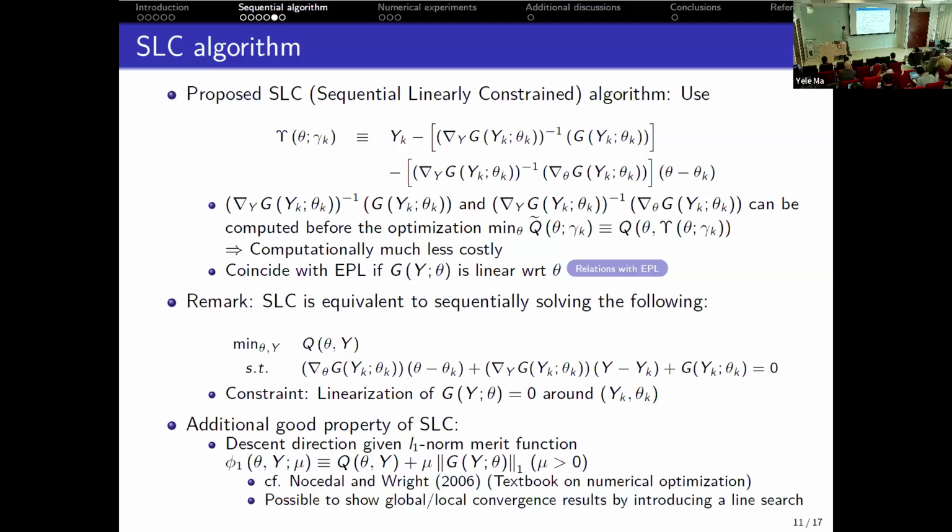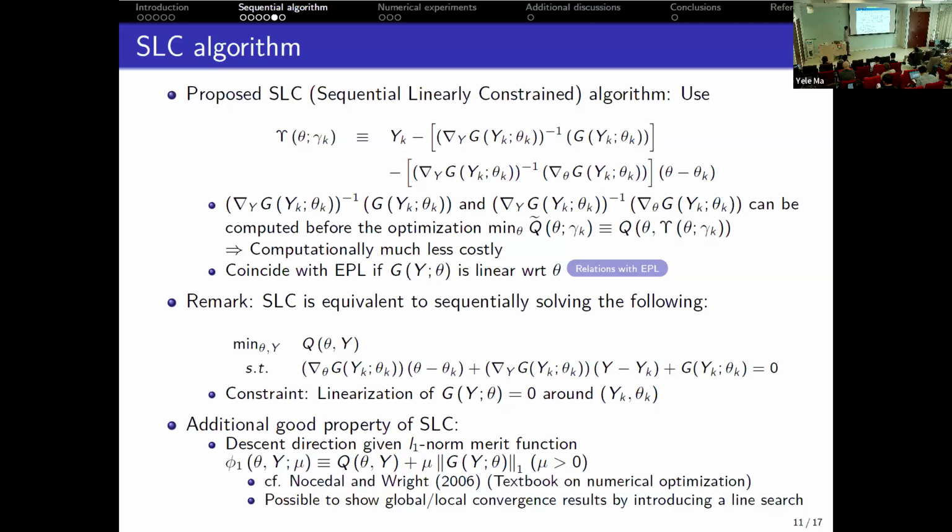And aside from the computational advantage, there is an additional good property. That is, the direction of the update is a descent direction given an L1 norm merit function defined by this. And concerning this, generally, the solution of a constrained optimization problem is a local minimizer of this type of merit function.